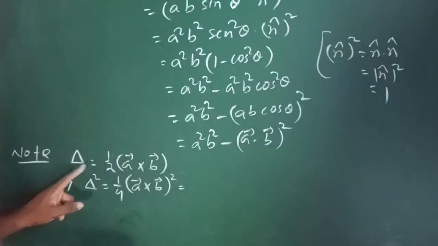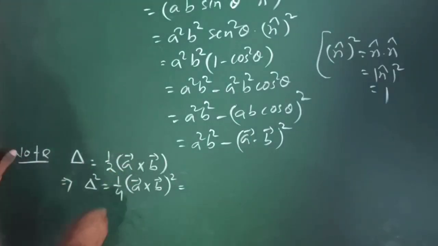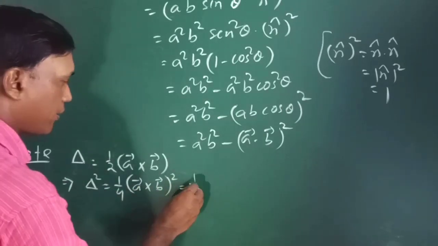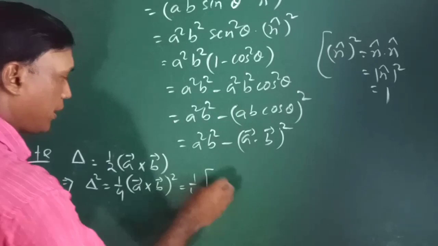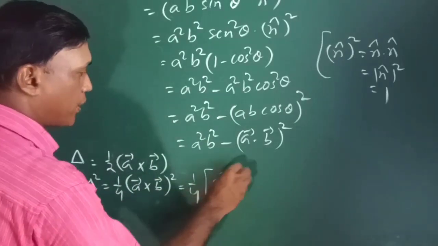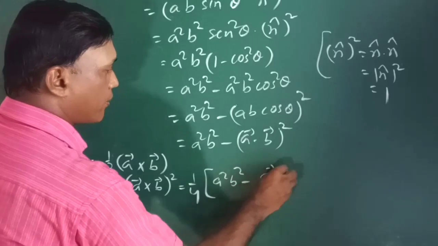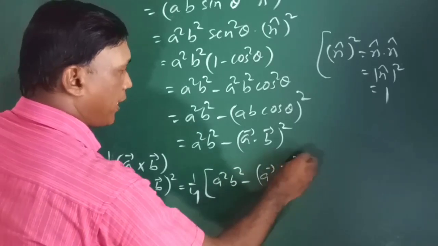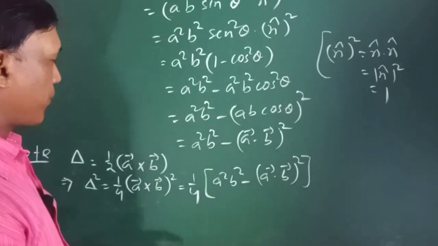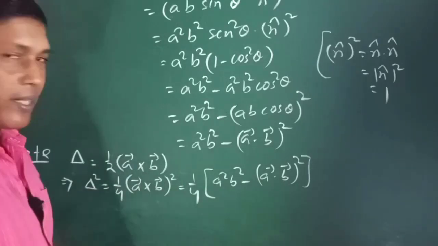So the area of the triangle is half of the magnitude of A cross B. Now squaring both sides, delta square is equal to 1 by 4 square of A cross B. This is 1 by 4 into the square of A cross B, which is A square B square minus square of A dot B. So look here, this is delta square.